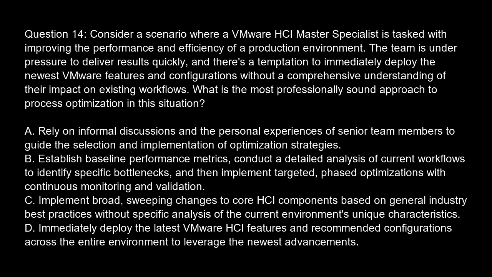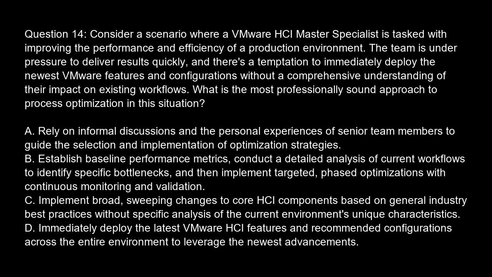Option A. Rely on informal discussions and the personal experiences of senior team members to guide the selection and implementation of optimization strategies. Option B. Establish baseline performance metrics, conduct a detailed analysis of current workflows to identify specific bottlenecks, and then implement targeted, phased optimizations with continuous monitoring and validation.